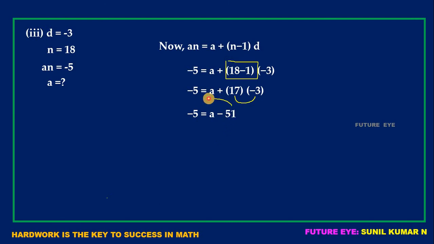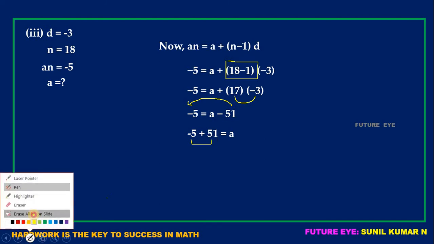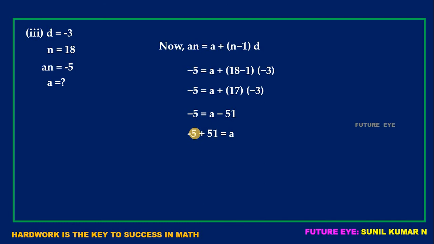Now this minus 51 transferred to the left side becomes plus 51. Now here minus 5 and plus 51 are there. Both numbers have different signs. When both have different signs, we have to subtract the smaller number from the greater number. Here the smaller number is 5. 5 subtracted from 51, we will get 46.